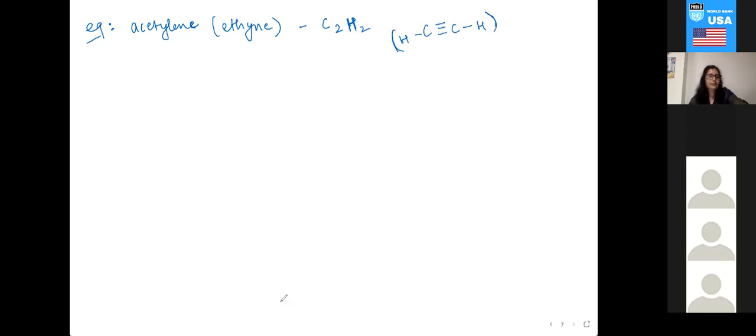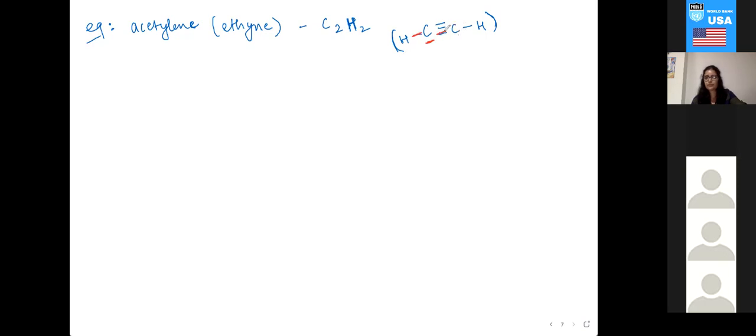How do you figure out what kind of hybridization is present? The first overlap is always a sigma overlap, right? How many sigma overlaps are there for each carbon? There are 2. This one has one sigma here, one sigma here.